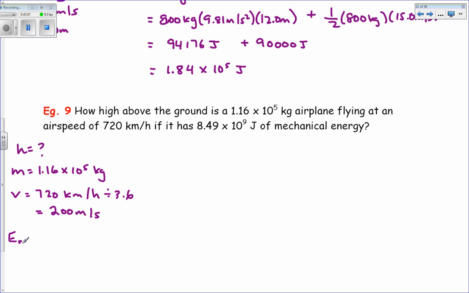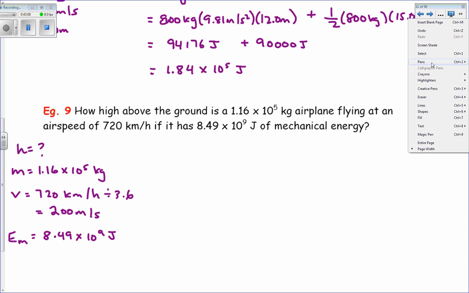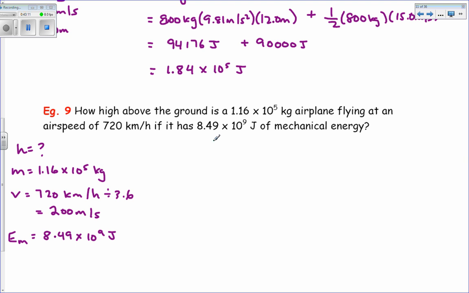And we know that the mechanical energy is 8.49 times 10 to the 9 joules. So mechanical energy is the sum of potential energy plus kinetic energy. To find the height, we need to find EP. Right? So we're going to find EP. So we'll rearrange this for EP. So EP is mechanical energy minus kinetic energy, which is 1/2 mv squared.